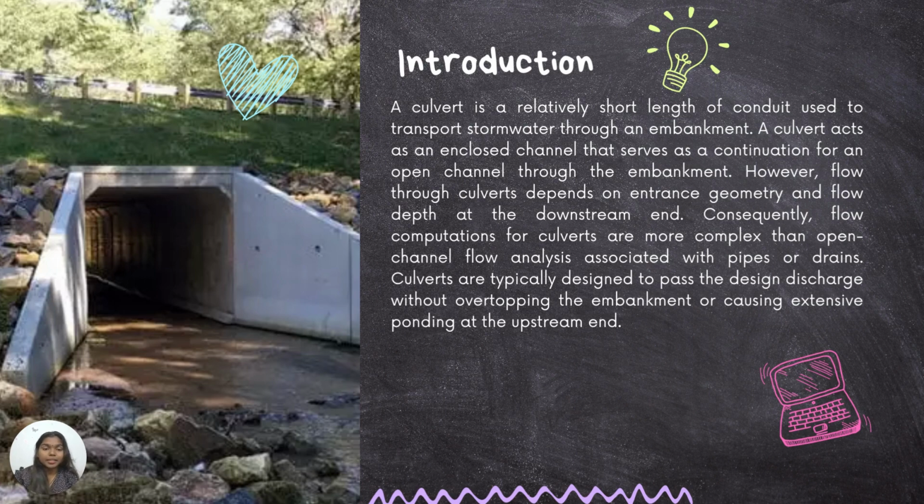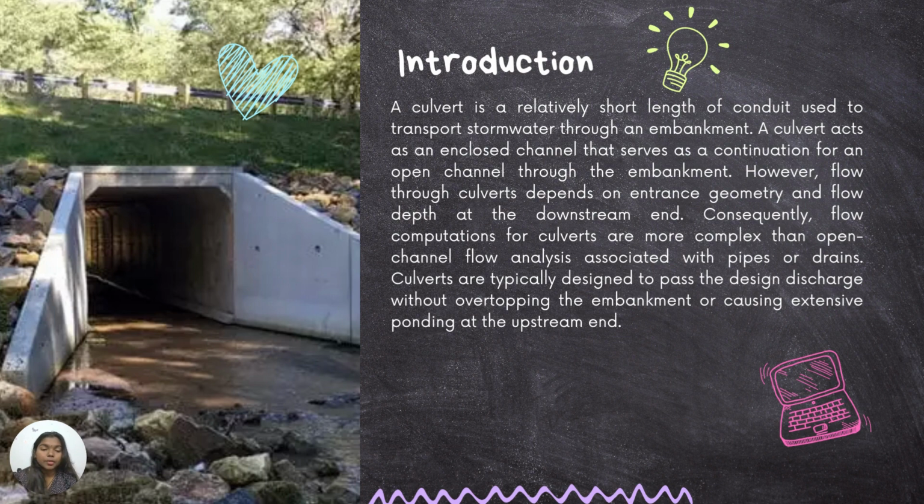Regarding the introduction, a culvert is a relatively short length of a conduit used to transport stormwater through an embankment. A culvert acts as an enclosed channel that serves as a continuation for an open channel through the embankment. However, flow through culverts depends on entrance geometry and flow depth at the downstream end.